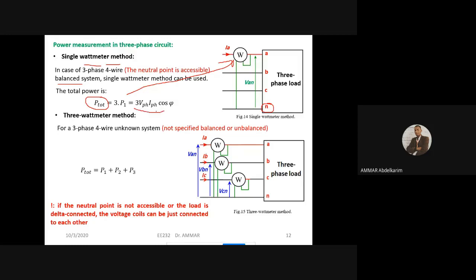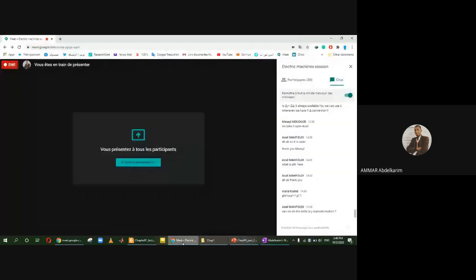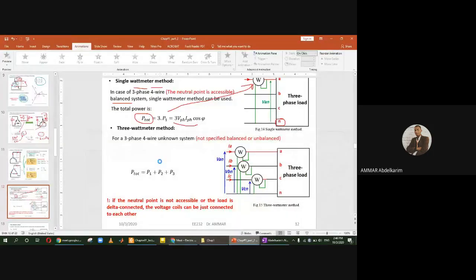So it equals 3 V phase I phase. The condition of using this method is that it should be a balanced system, and the neutral point is accessible. Okay, this is the first method of measuring the power.